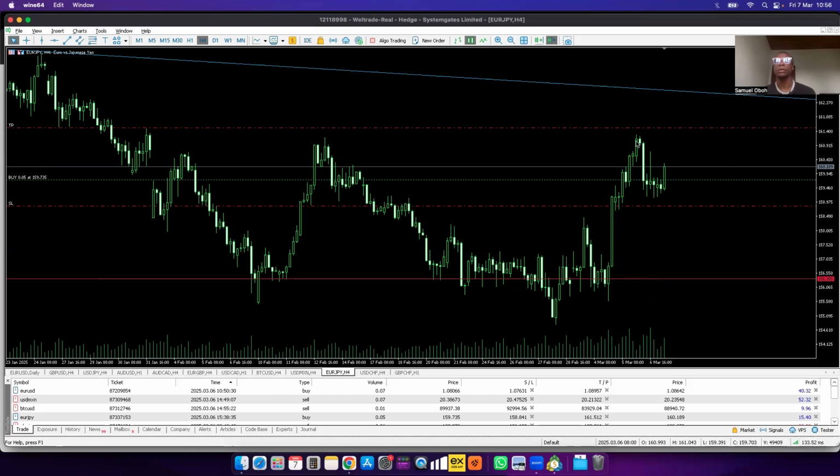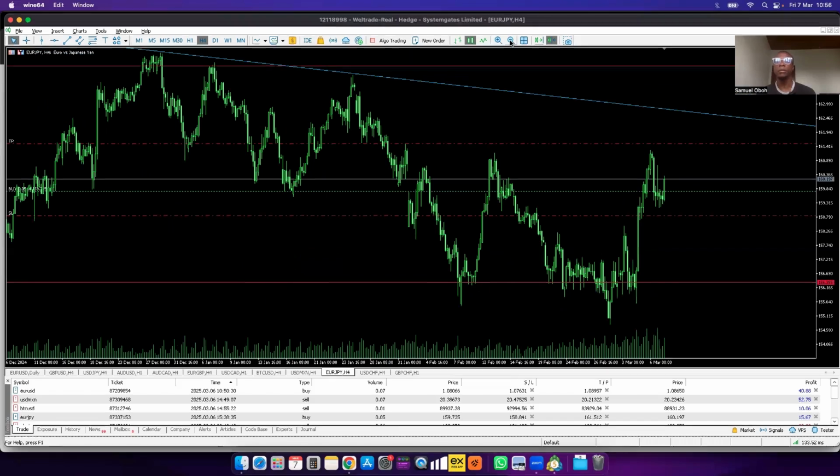Even though price had gotten to this point and came back down, I still thought price was yet to get to its destination, which I think is around this point. So that was why I entered.